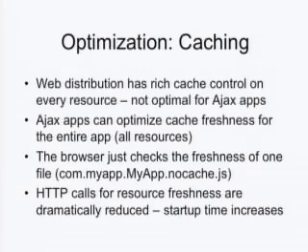Okay, so the next optimization I want to look at is caching. Caching is kind of interesting because the way HTTP servers and clients use caching is really optimized for traditional web applications.